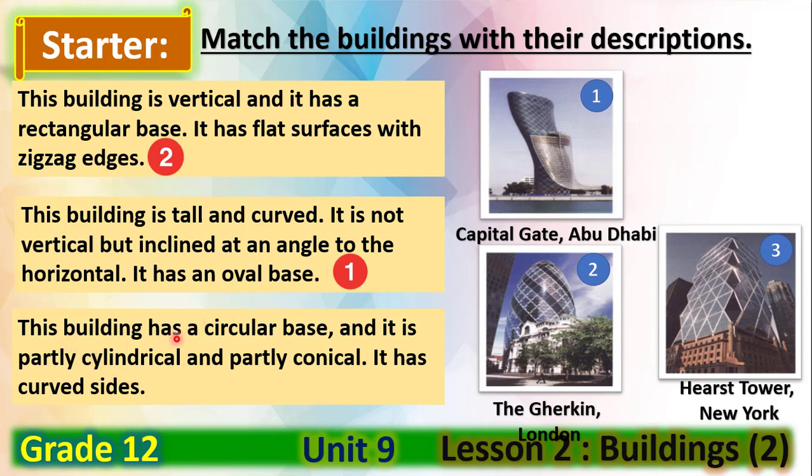This building has a circular base and it is partly cylindrical and partly conical. It has curved sides. If you look at the sides of the building, you will find that the sides are curved. So it is obviously building number 3. Great.